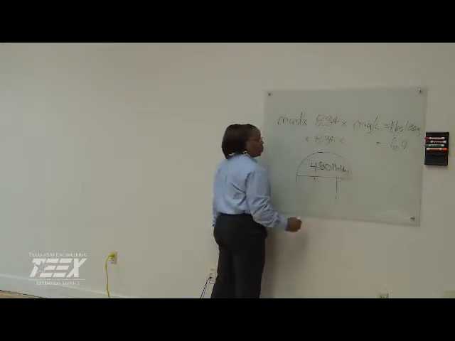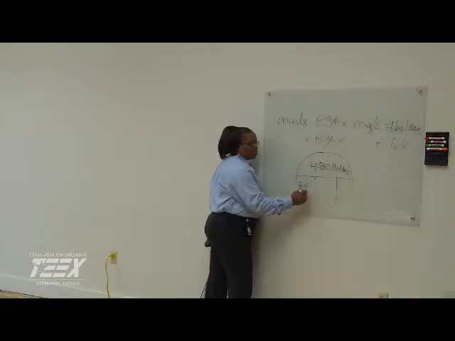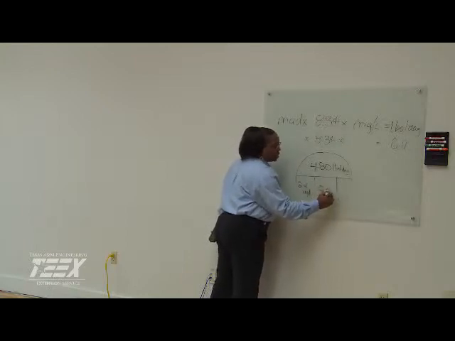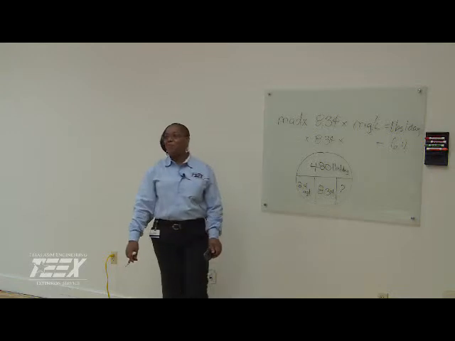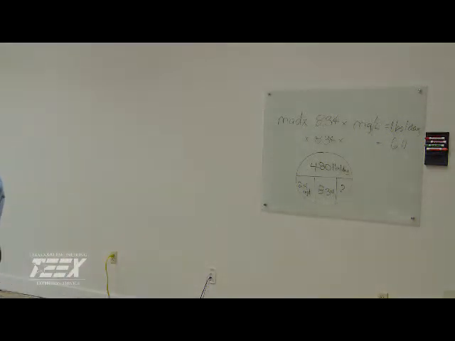What is my flow in MGD? 2.4 MGD. 8.34 is constant, so I am looking for milligrams per liter. Now this is a test. I'm going to let you work it and tell me the answer.